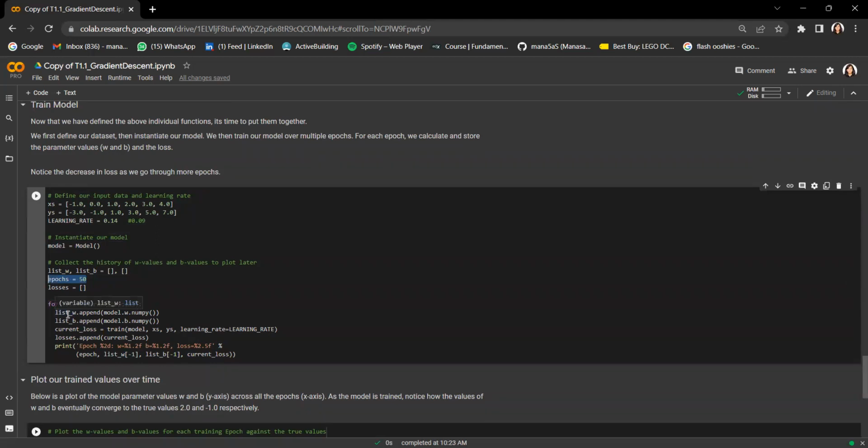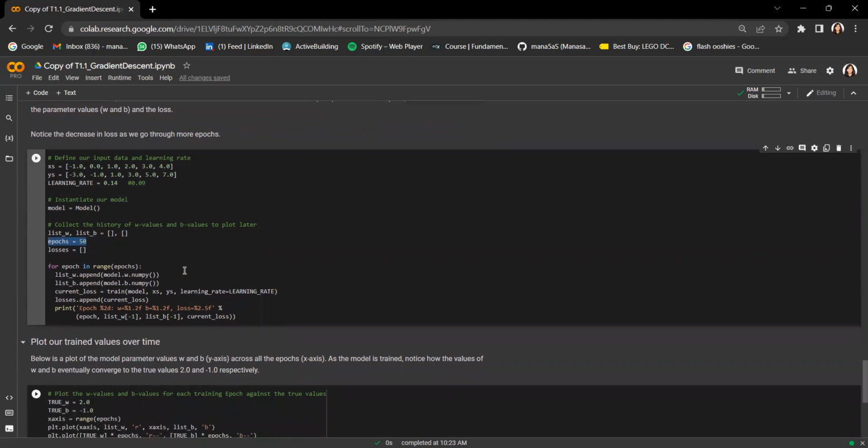For each epoch, basically, we perform one step of gradient descent through all our X and Y values. And then we collect the history of our W and B values and our loss values to just see whether our W and Bs are converging to the actual value and how the loss decreases.